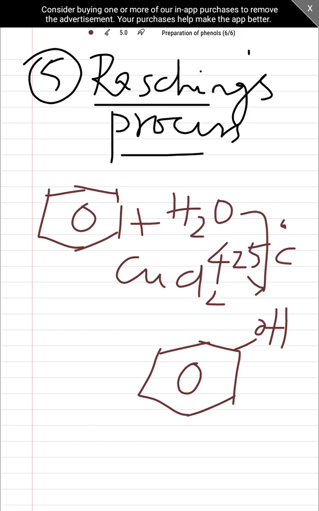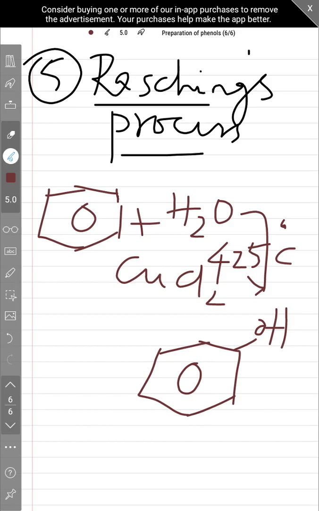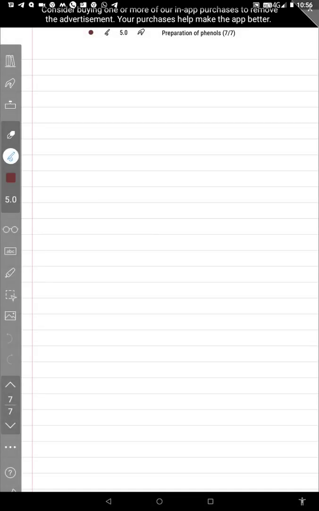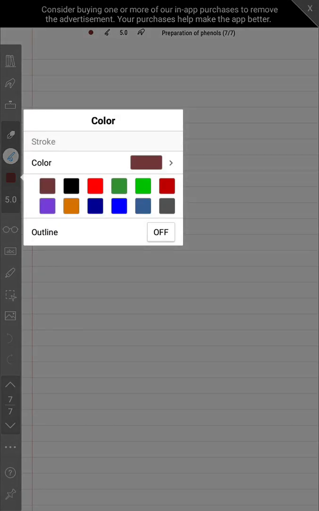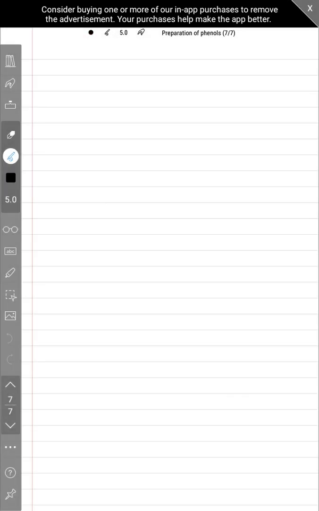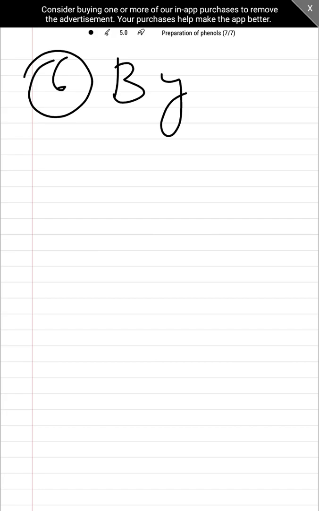Do you know, children, one of the methods is a commercial method. The commercial method is the sixth method, called the Cumene process.